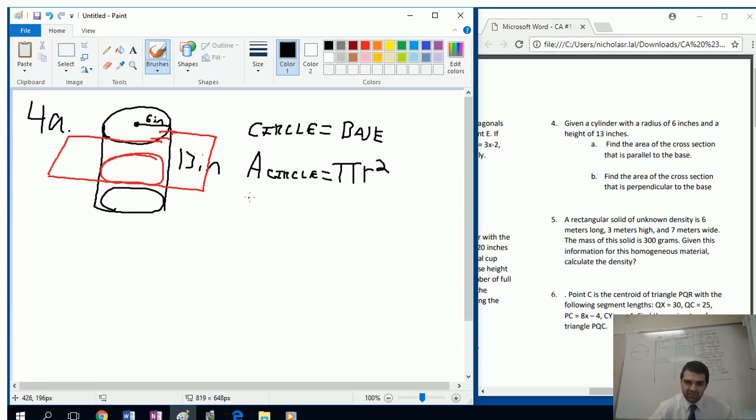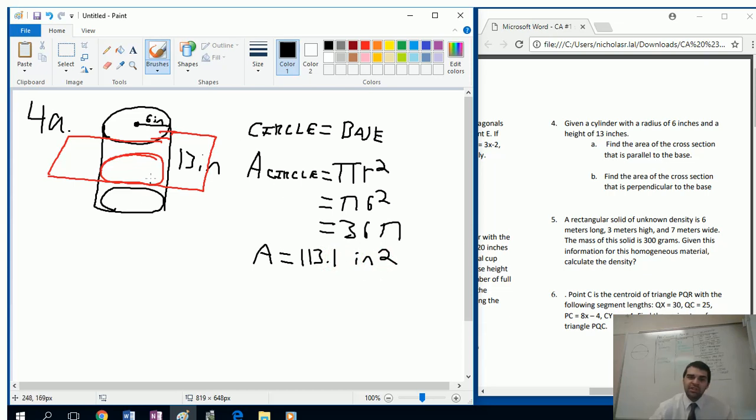So the radius is 6. So the area of that circle is going to be equal to pi times 6 squared. So 6 squared is 36, so that's going to be equal to 36 pi. And 36 pi, multiply that by pi in your calculator. You can do it in your own calculator, but trust me, it's going to be 113.1 inches squared. So that's the area parallel to the base.